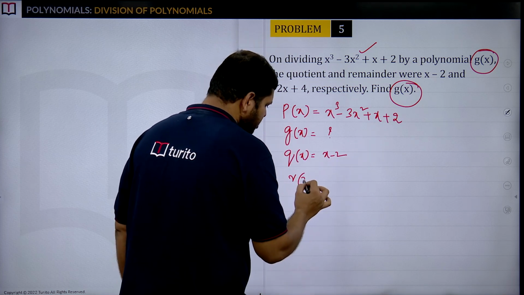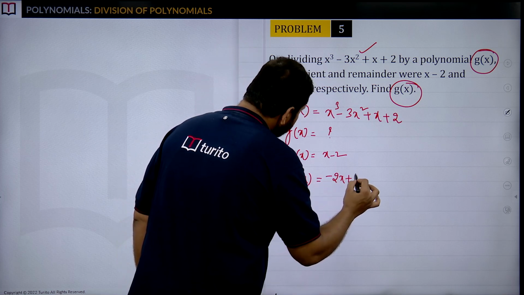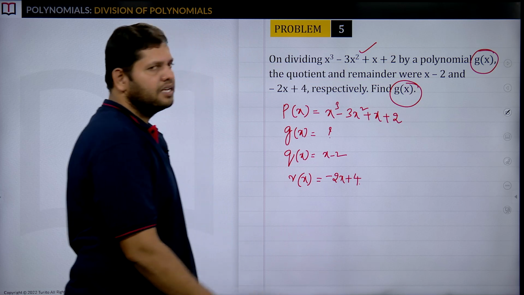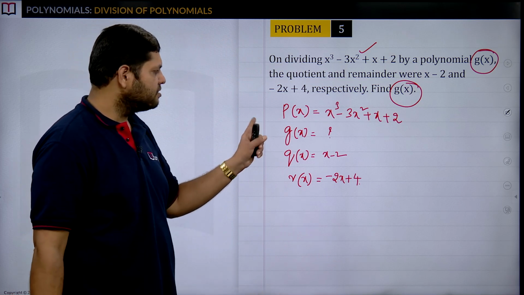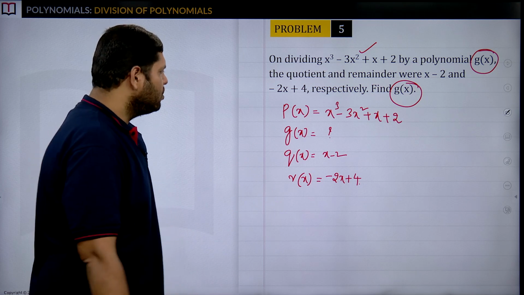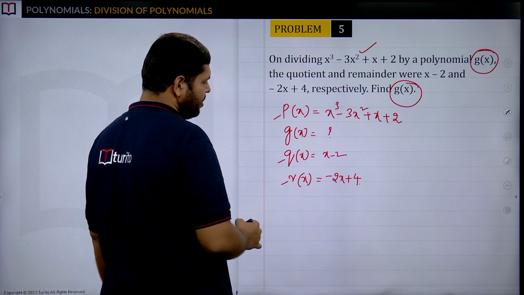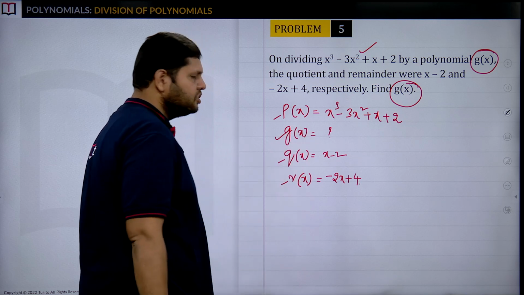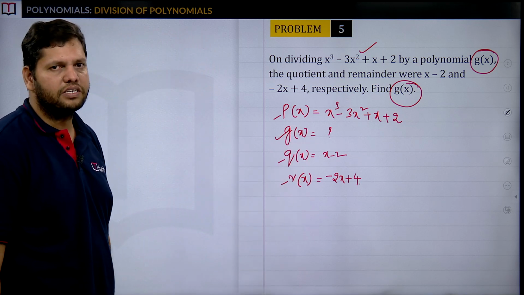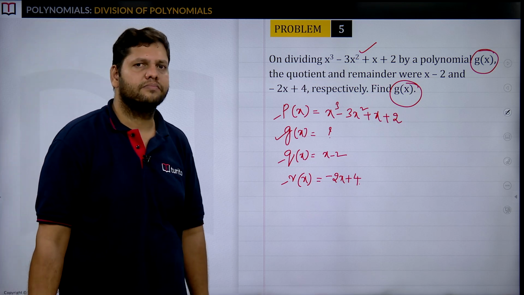And remainder, r of x, is equal to minus 2x plus 4. Clear, children? It is p of x, this is g of x, and q of x and r of x. So out of these 4 values, we know p of x, q of x and r of x, and they are asking to find g of x, that is the divisor.